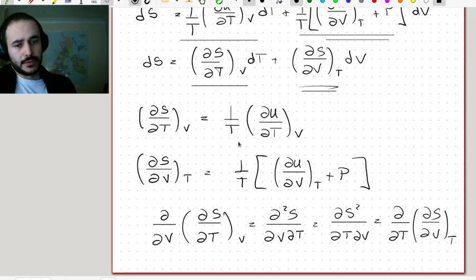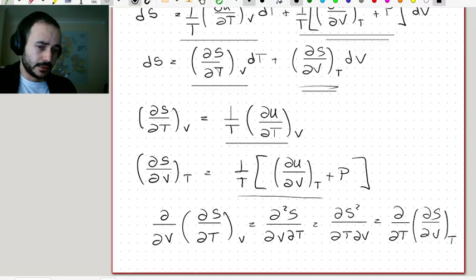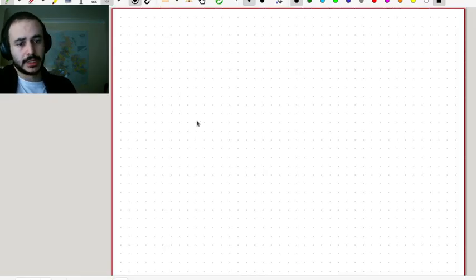What you have to do is take the derivative with respect to volume here, and equate that to the derivative with respect to temperature of this second term. So let's just do that.